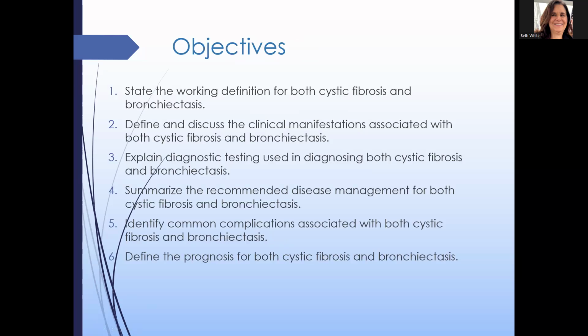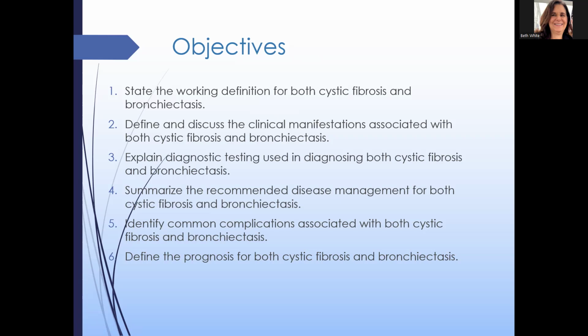Here are your objectives. We're going to state the definitions for cystic fibrosis and bronchiectasis. Again, bronchiectasis can be cystic fibrosis associated and then cystic fibrosis non-associated. So it's one of the manifestations of CF patients. Define and discuss clinical manifestations associated with both.